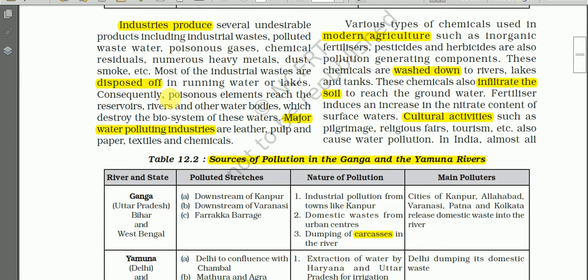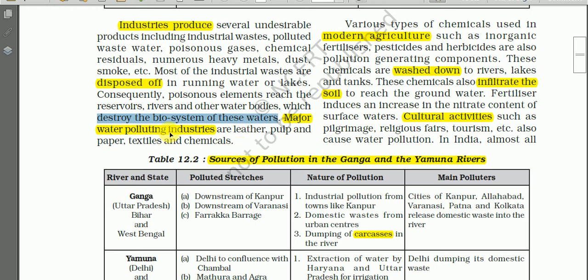Consequently, poisonous elements reach the reservoirs, that is lakes, rivers, and water bodies, which in turn destroy the biosystem of the water bodies.